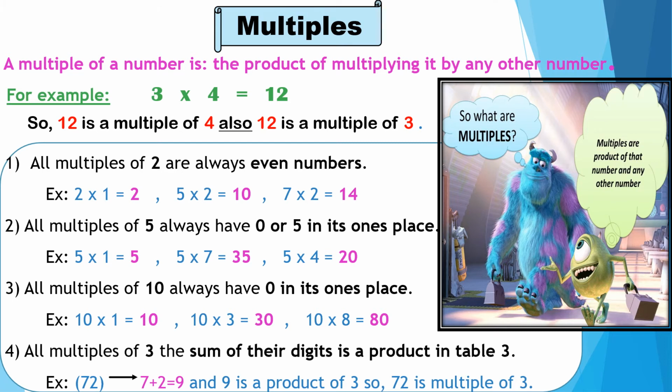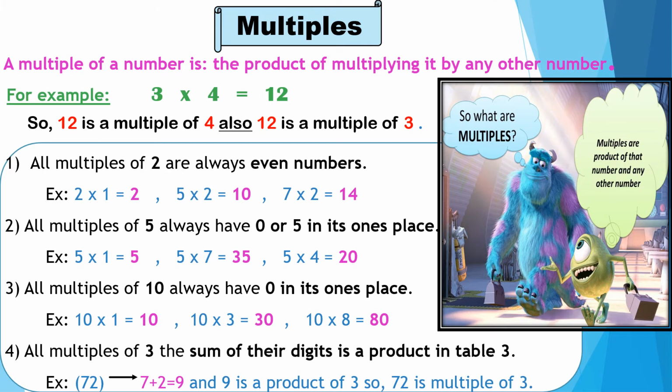Number 4, for all multiples of 3, the sum of their digits is a product in table 3. How can we know it? If I give you the number 72 and I want to know whether 72 is a multiple of 3 or not, I will add the digits of 72. 7 plus 2 equals what? 9.